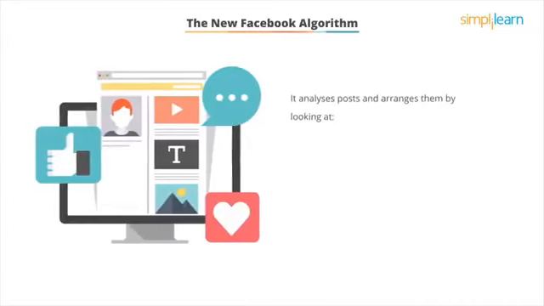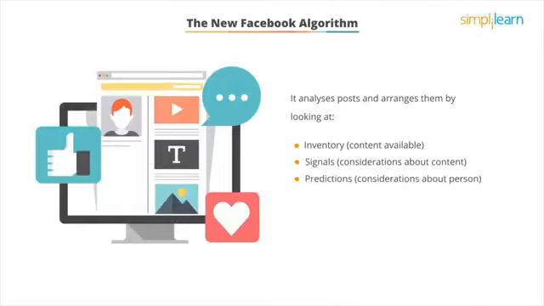It does this by looking at 4 different elements. It looks at all the available posts, it analyzes these posts on various factors called signals, and it predicts how you would react to the posts. It then summarizes all this with a score. And the posts with the highest score will feature higher in your newsfeed. Let me explain the signals to you on the next slide.